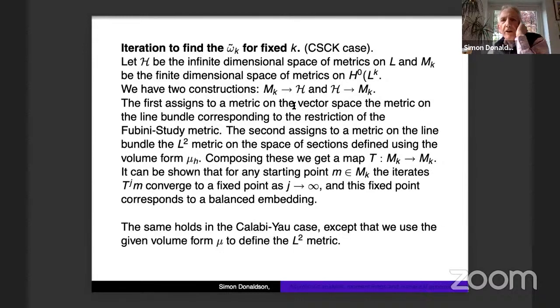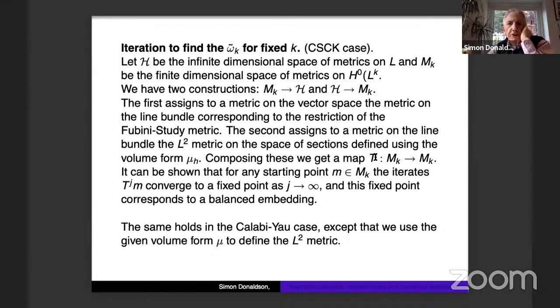We have a metric on our space of sections, so that gives us a Fubini-Study metric on the manifold, by restricting the Fubini-Study metric, and in a similar way it also defines a Hermitian metric on the line bundle. So that's a way of going from the finite dimensional space to the infinite dimensional space. The other: if we start in our infinite dimensional space with a metric on the line bundle, then we have an L2 metric on the space of sections. So we get a map in the other direction.